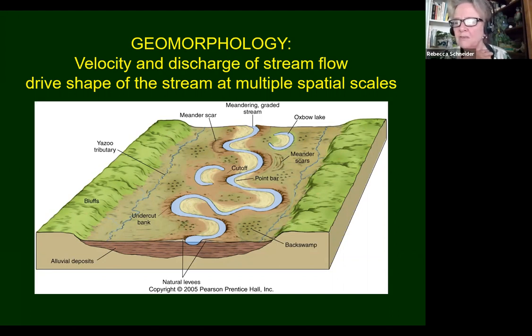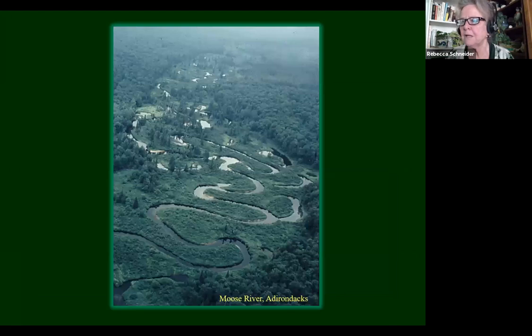There are little pieces of the stream that have broken off called oxbows. There are point bars where sediment builds up, deposits of material occur. This is all the geomorphology of the stream. This is an aerial photo showing a similar system for the Moose River in the Adirondacks. It's one of the most meandering streams that I've seen.